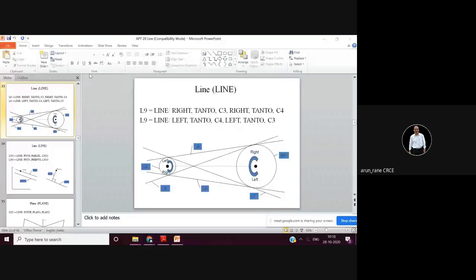If you look from this direction, you will see that it is in the anti-clockwise direction. But if you look from this direction, you will see the clockwise direction. So the convention here for the APT program is from left to right.